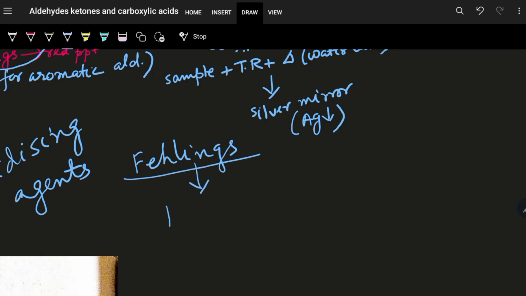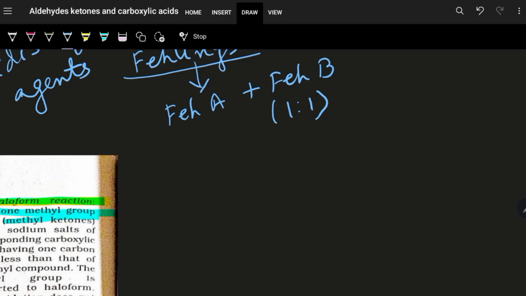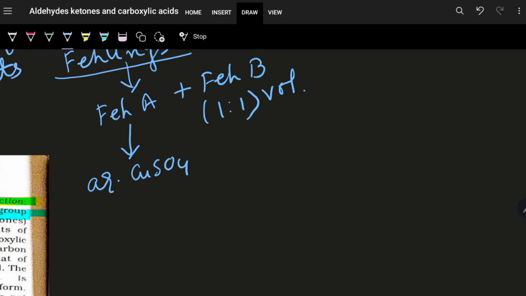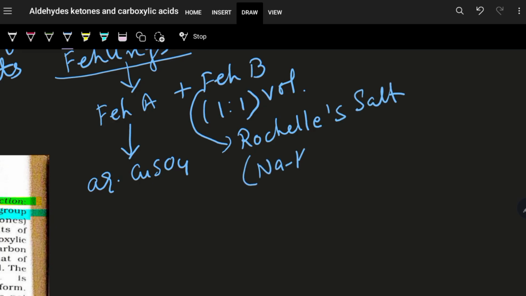Fehling's is a mixture of Fehling A plus Fehling B in equal volumes, in a 1:1 ratio by volume. Fehling A is aqueous solution of copper sulfate and Fehling B is known as Rochelle's salt, which is sodium potassium tartrate.